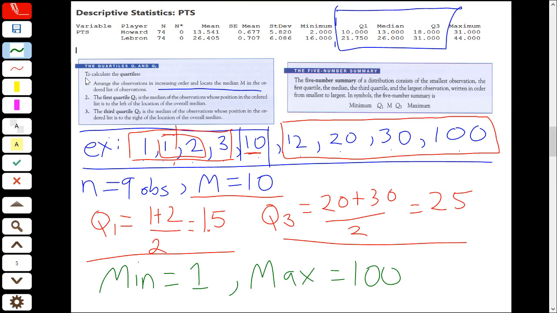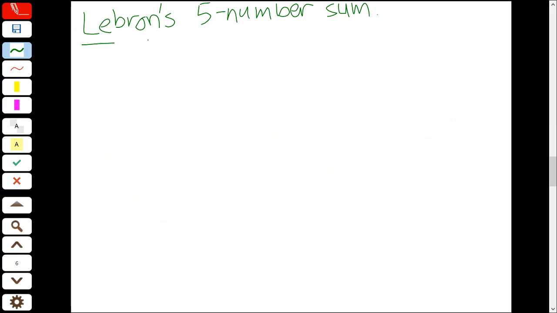Okay, so his 5-number summary is 16, 21, 26, 31, and 44. I'm getting that right here. Okay, so let me write this down. All right, so min is 16. That's incredible.